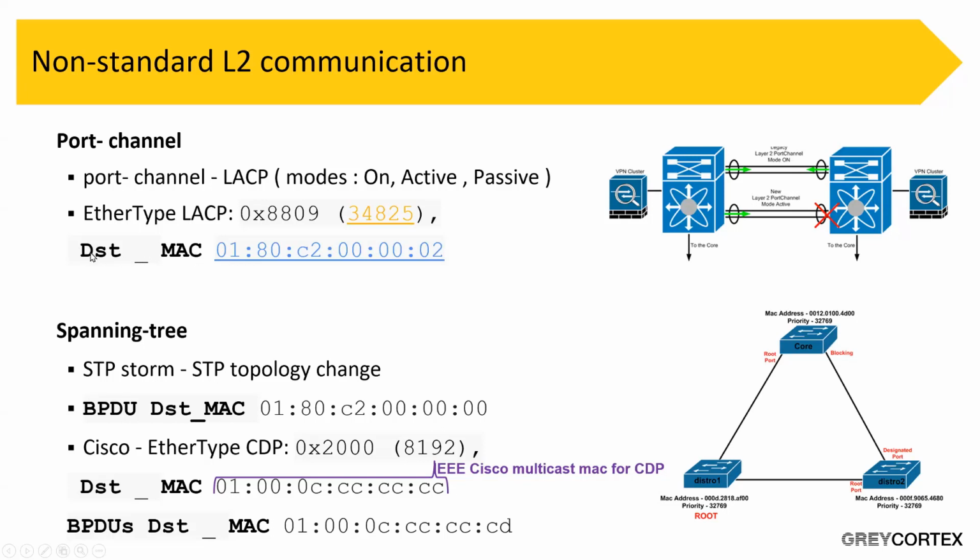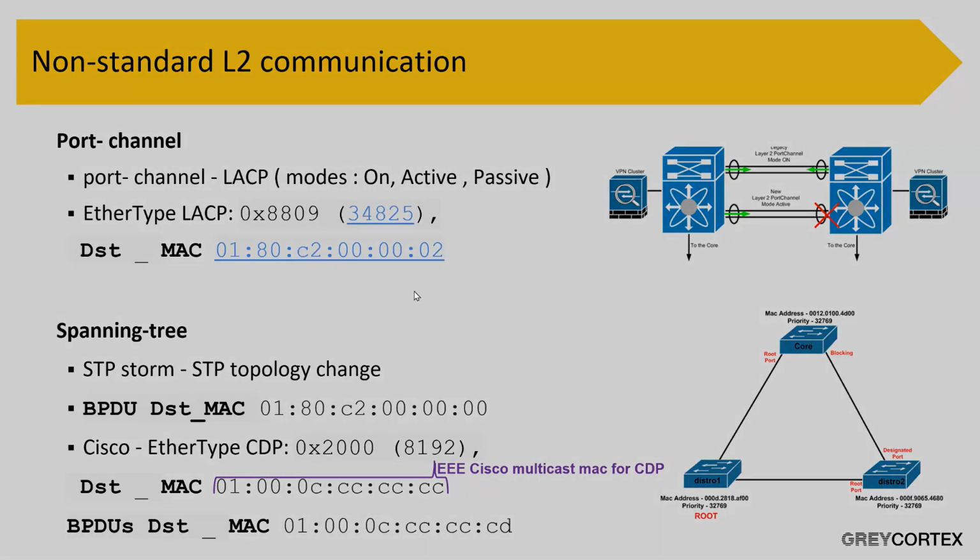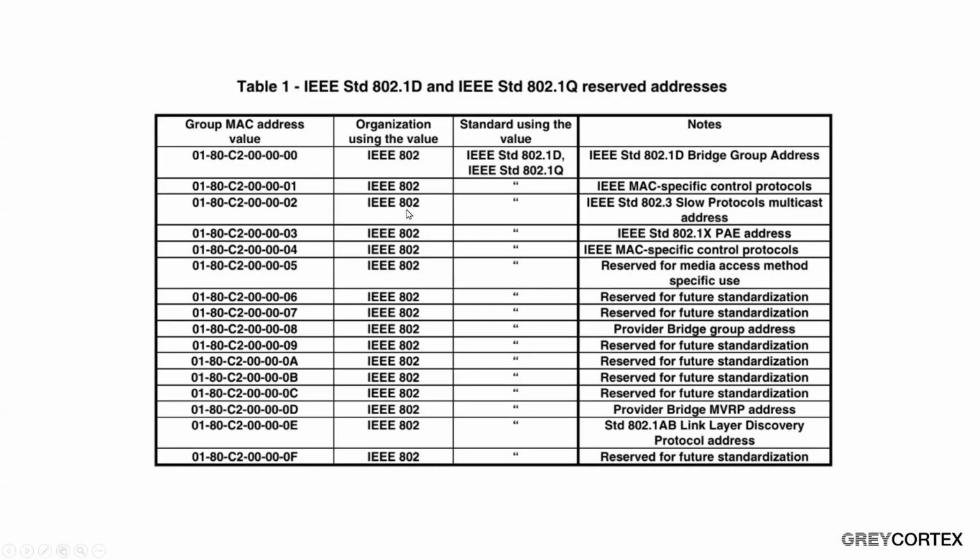If I look at the MAC addresses, there are also some meanings. You have multicast, you have broadcast, and you have also specific protocols. So if I show you what these MAC addresses mean, you can see here that it's a protocol.